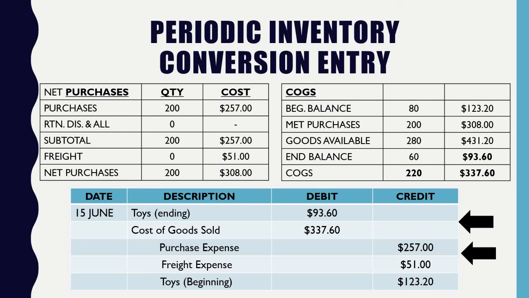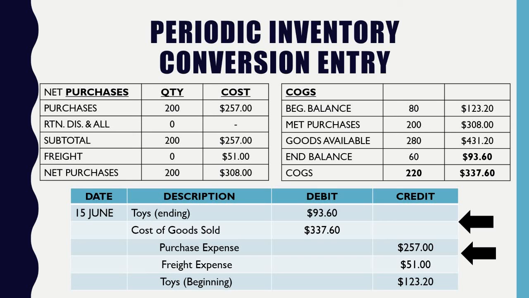And once you solve for it in your inventory worksheet, journalizing it and copying it down is the easy part. Okay, so here we recognize what our total ending inventory is. Here we recognize our total cost of goods sold.